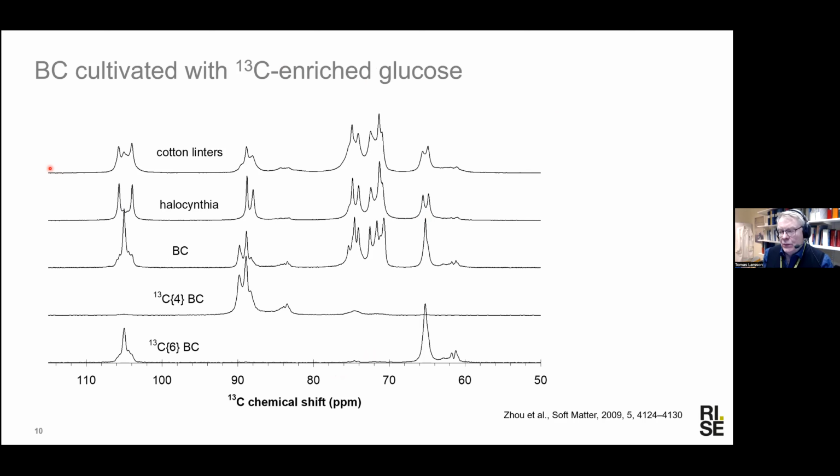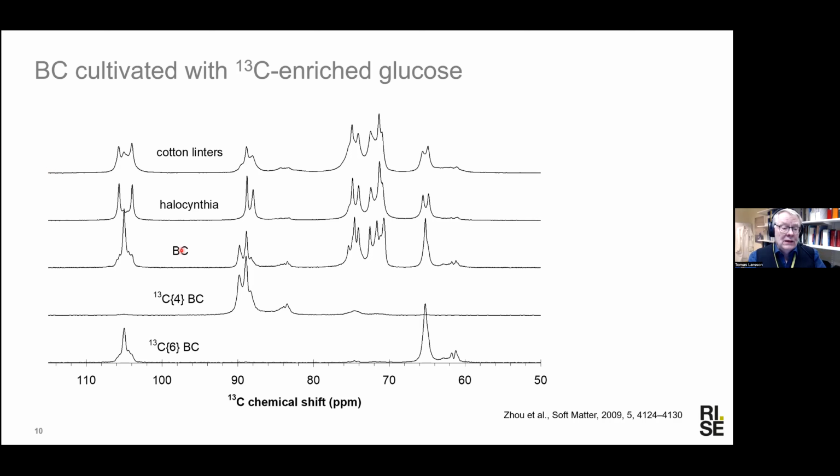The problem is that typical plants get their carbon from carbon dioxide, so we can't selectively label anything. But bacterial cellulose uses sugars as one of its carbon sources, so we can use selectively carbon-13 enriched sugars and feed them to bacteria, and that way build up bacterial cellulose that is selectively enriched in carbon-13.